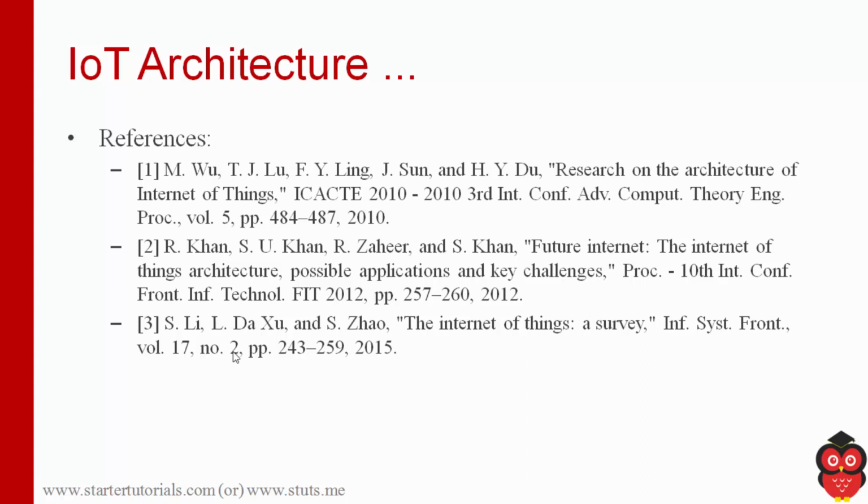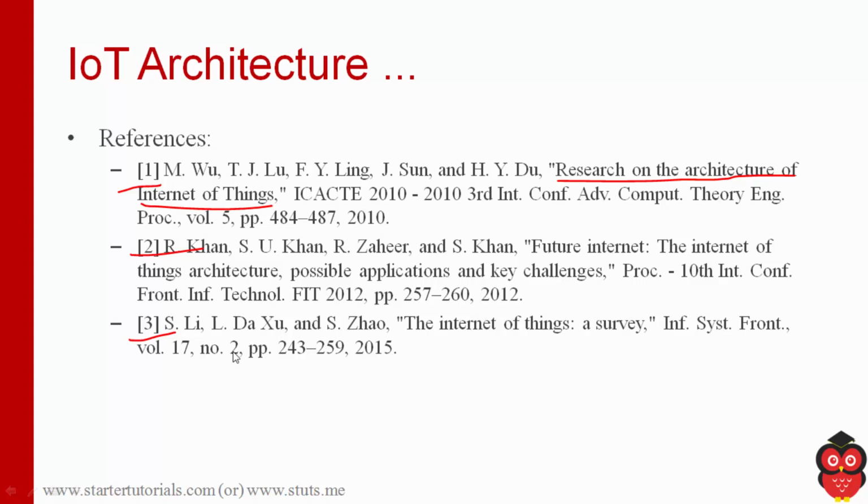The first one is a conference paper, and the second one is also a conference paper, and the third one is a journal paper. Okay, so if you are interested in further exploring these architectures, you can search for these papers. So this is the title of the paper.